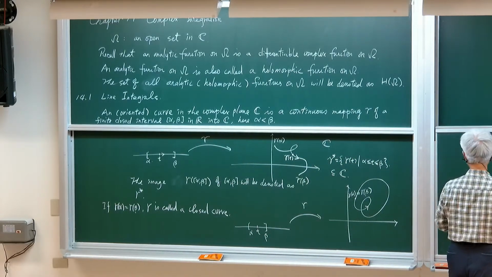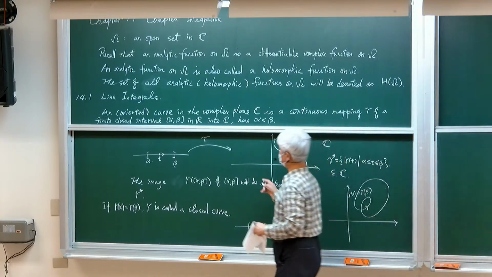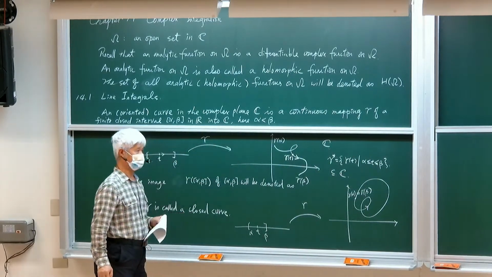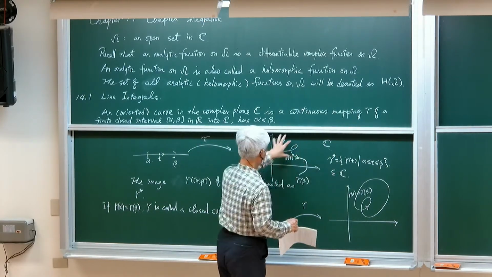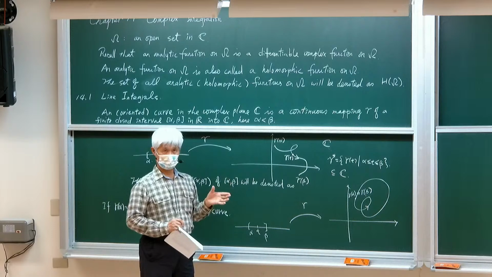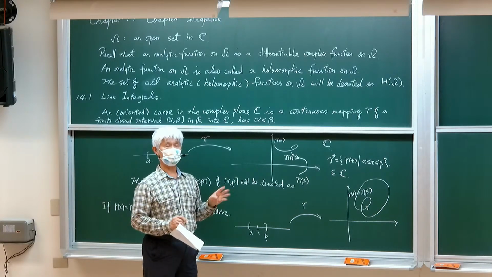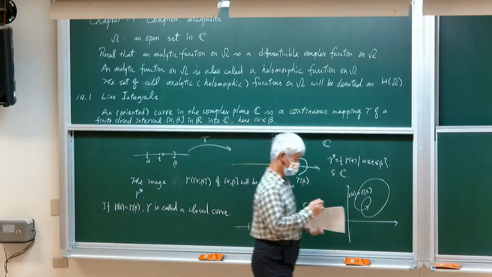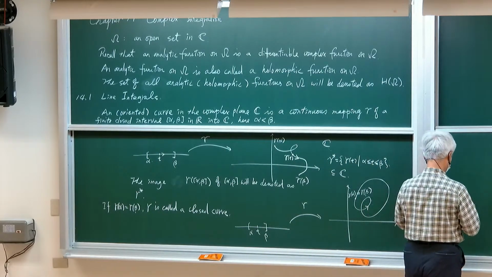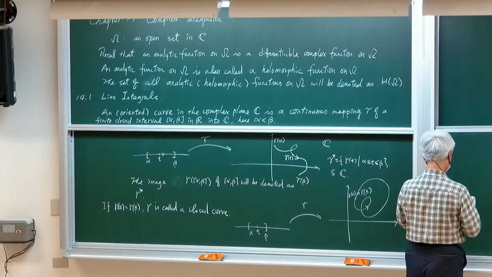All right, and so it's a kind of parameterization of gamma star. And gamma star can be reparameterized by another mapping. So we have to define such a reparameterization.